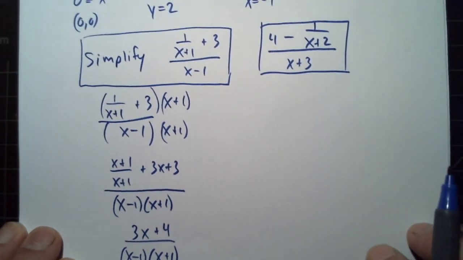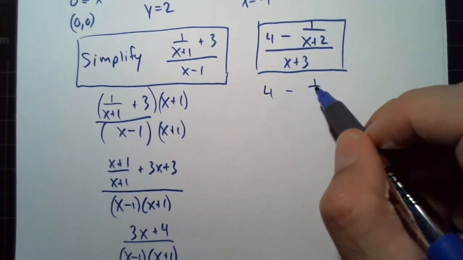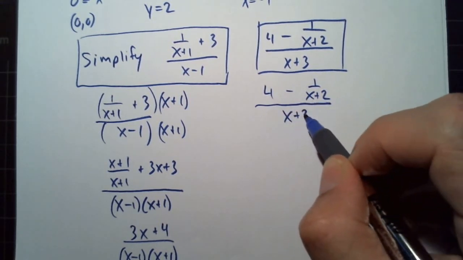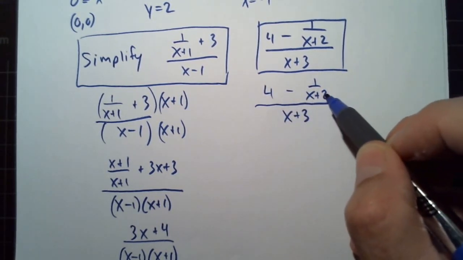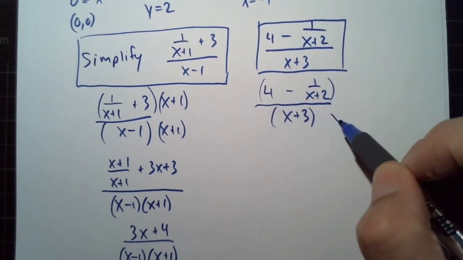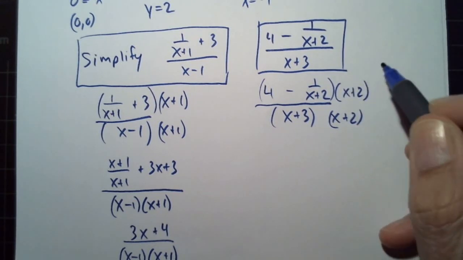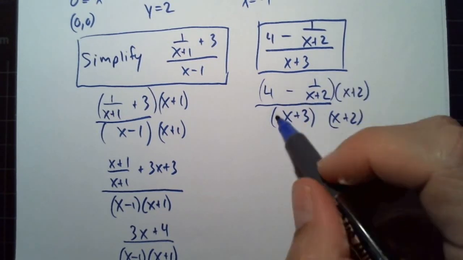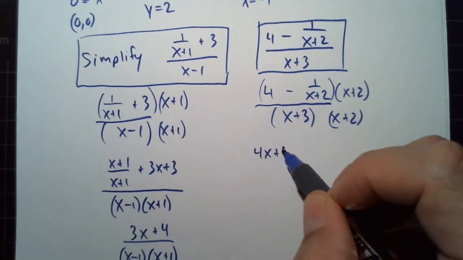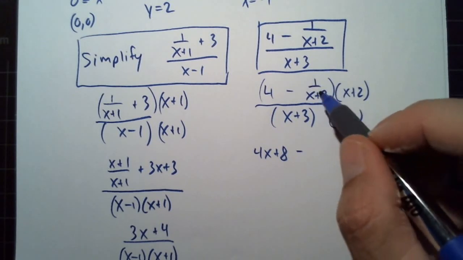Okay, and try that one. Pause the video. So we can just multiply by x plus 2. And that would give us 4x plus 8 minus, we'll put an x plus 2 up here, that'll be 1.